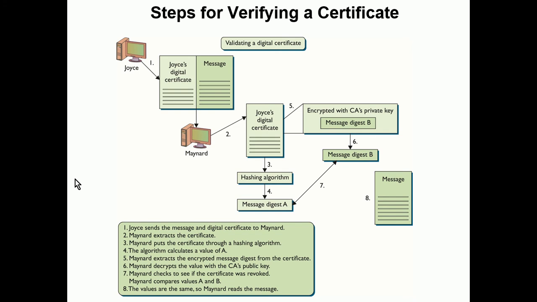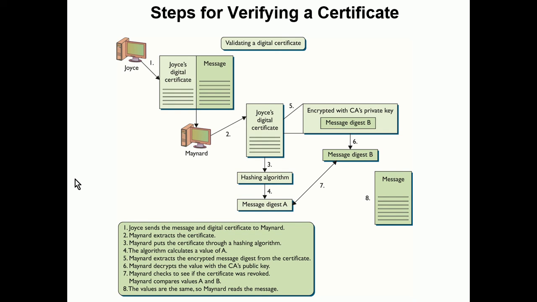So to verify a certificate, let's say somebody provides a certificate to you and you want to verify that that certificate can be trusted. I already talked about how to obtain that certificate. Now, if somebody sent you a certificate and you want to extract their public key from it because you're going to exchange data, you also want to verify that the overall certificate, and thus the public key, are trusted, that they really came from that person.